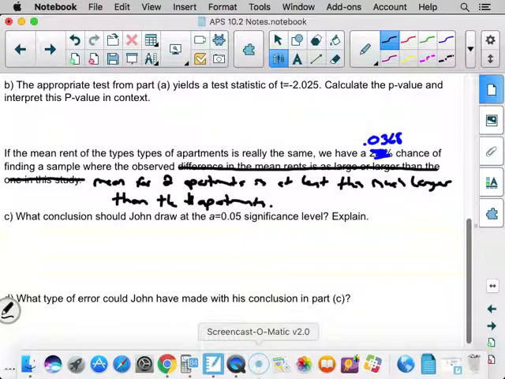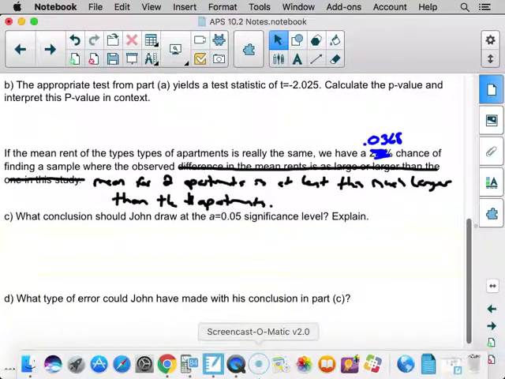I'm just getting my thoughts down. I'm changing this to be a little bit more clear. So where the observed mean for the two-bedroom apartments is at least this much larger than the one-bedroom apartments. Because here there was a direction, so you should be clear which one is bigger than the other. Again, I'll read that because I know it's just chicken scratch. I was writing really quickly. So where the mean for the two-bedroom apartments is at least this much larger than the one-bedroom apartments.